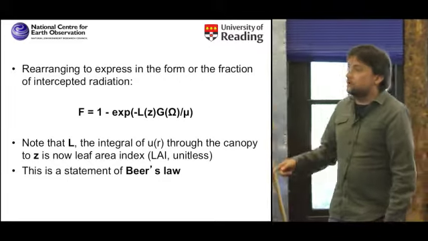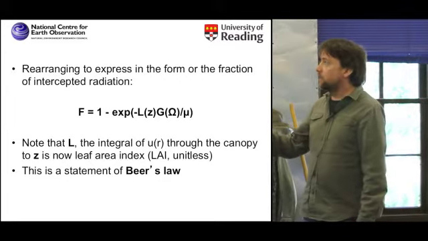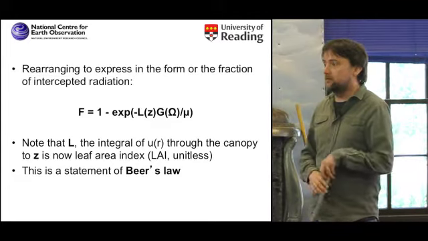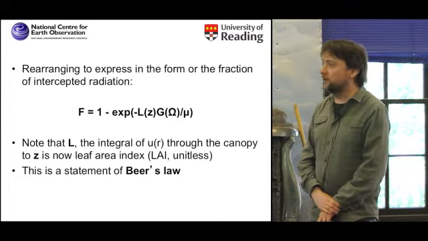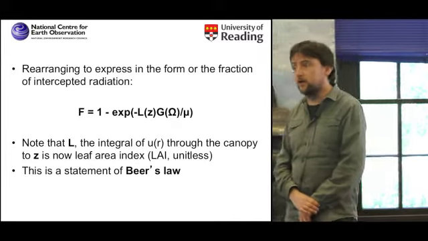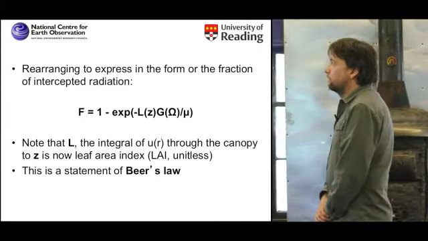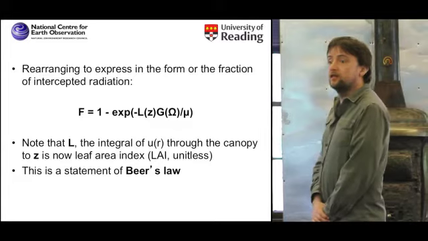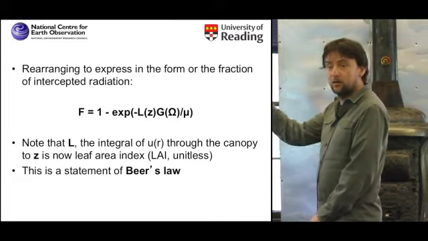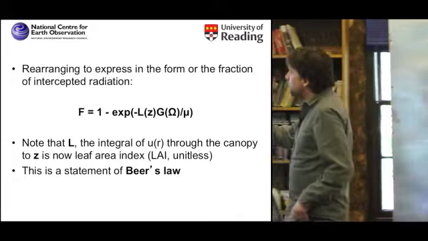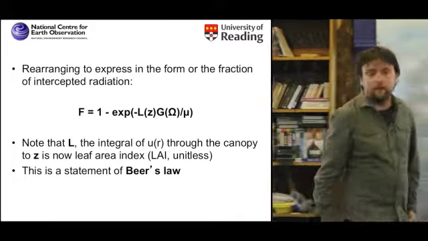Typically, what we want to know, rather than the transmission, is the absorption, and that's a simple rearrangement of that equation. We end up with this, where I'm now calling F the fraction of absorbed radiation, and I've divided through by the intensity at the top of the canopy, so we get a 1 here.